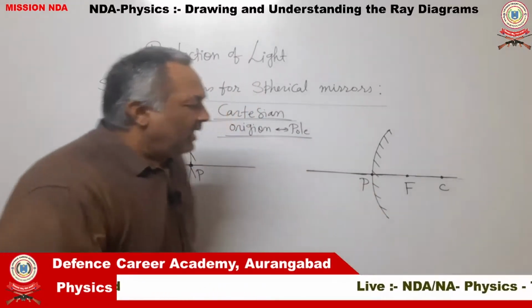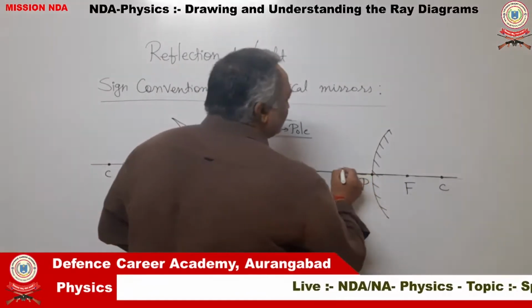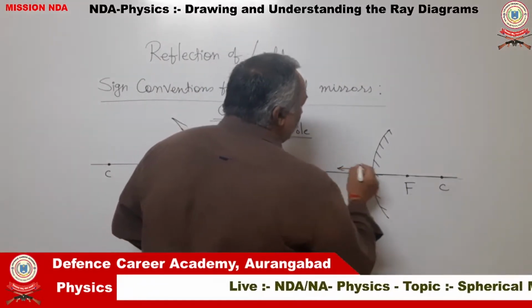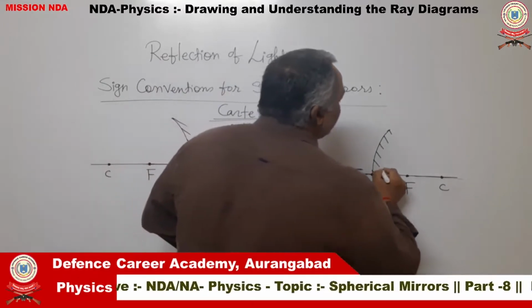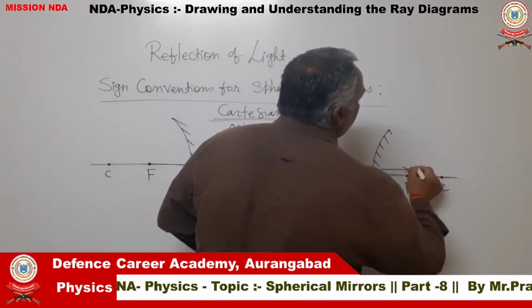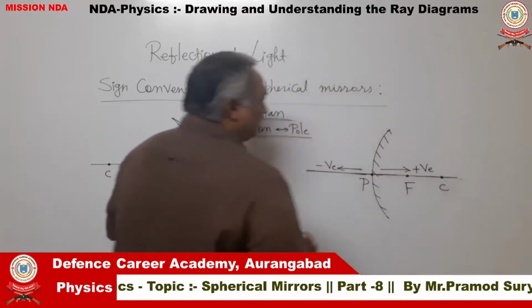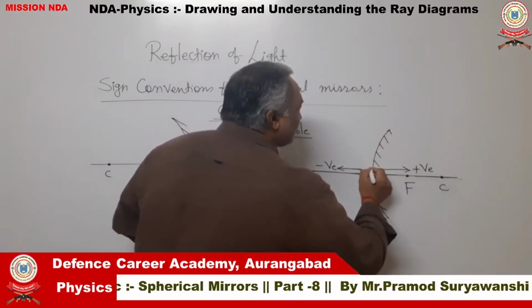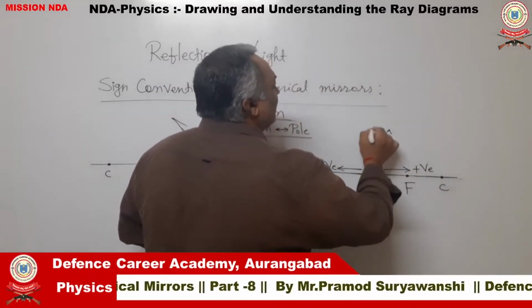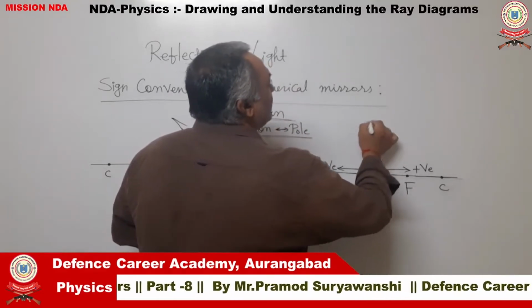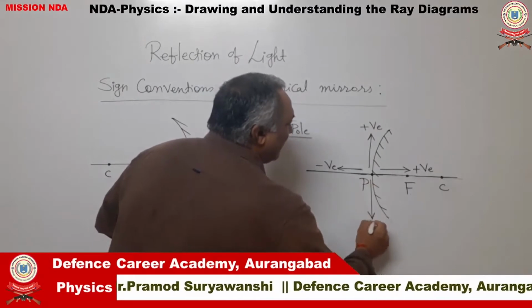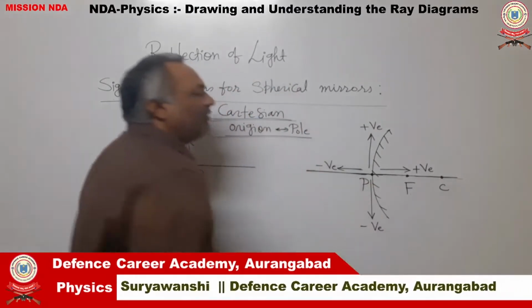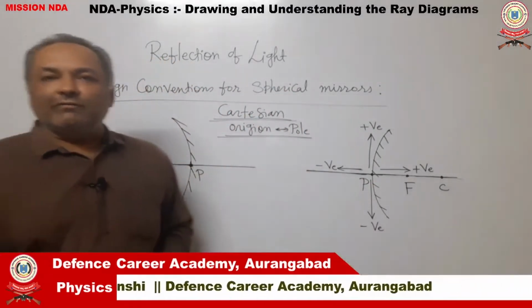That means if we measure any distance to the left side of the pole, it will be considered negative. Distances measured towards the right side of the pole will be considered positive. Likewise, distances measured vertically upwards from the pole will be taken positive, and distances measured vertically downward from the pole will be considered negative.